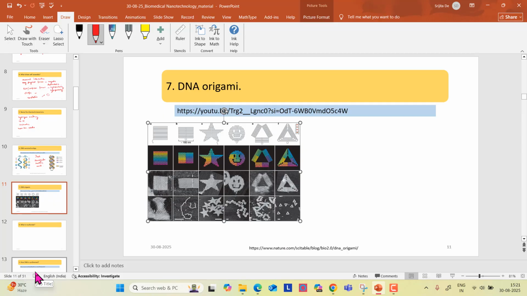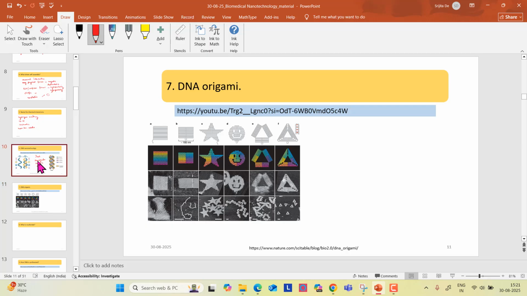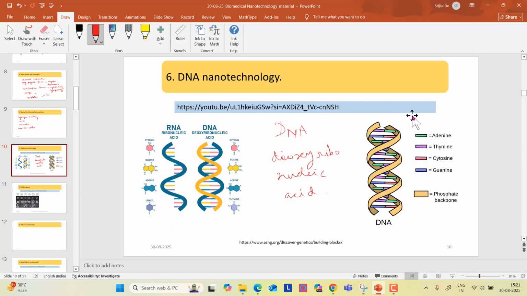So in DNA nanotechnology, what are the basic things? Basic thing is that it is completely based on the self-assembling branched DNA complexes with useful properties.